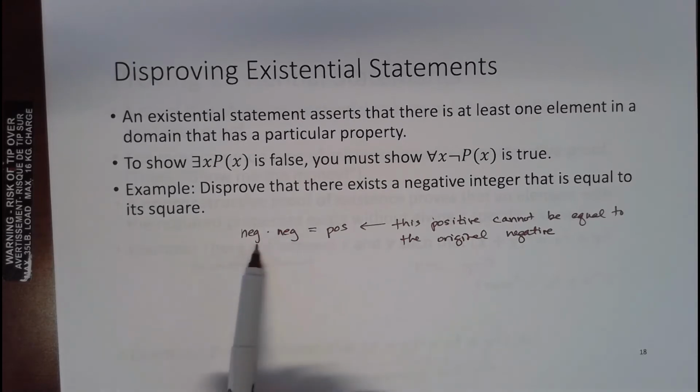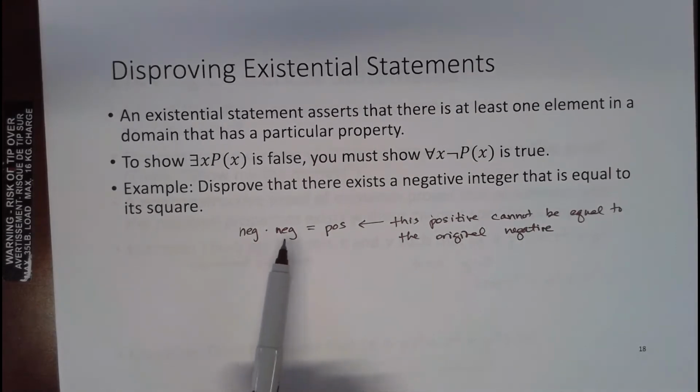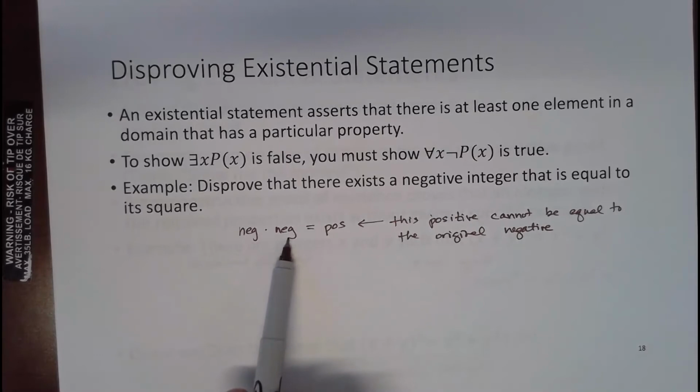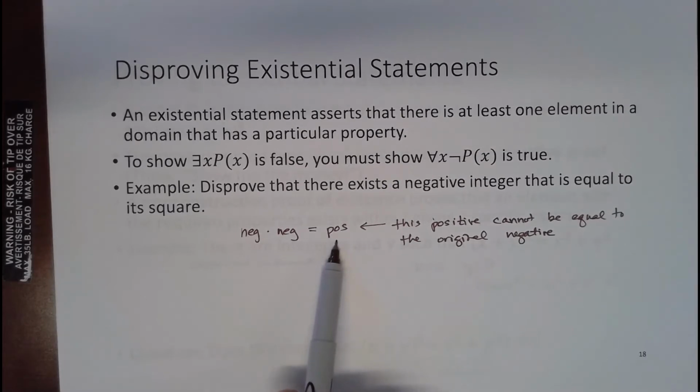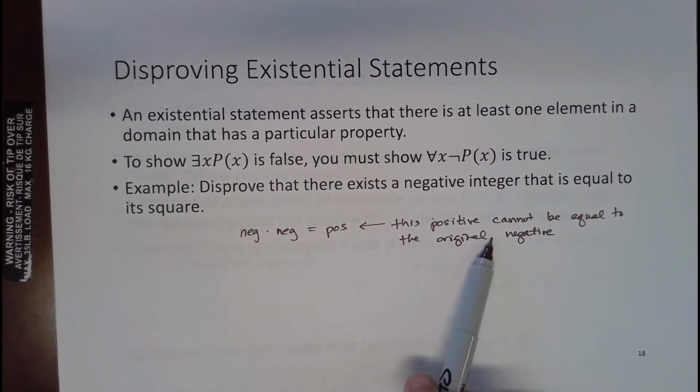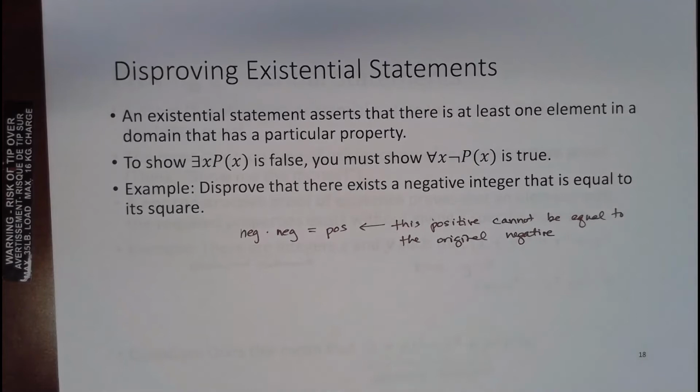I have an arbitrary negative number, and I multiply it times itself. I will always get a positive product. That positive product cannot possibly be equal to the original number, which was negative, because a positive number and a negative number are never equal. You can see that it's a general argument, and we have to think about arbitrary things from the domain. We can't just come up with an example.